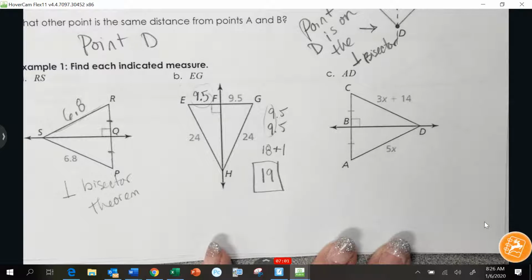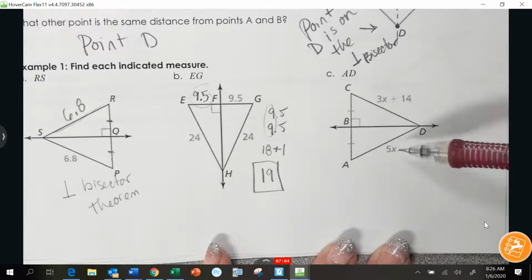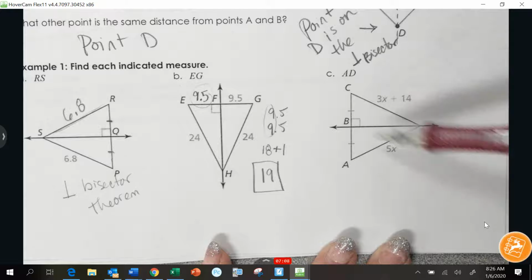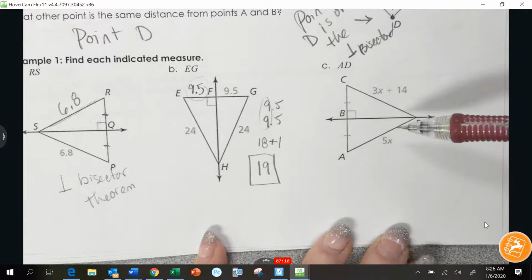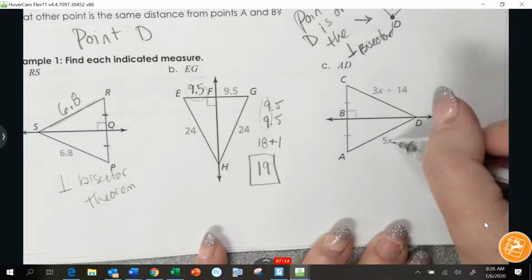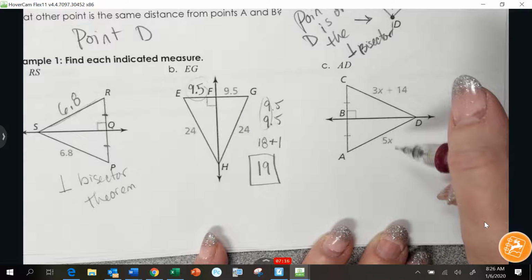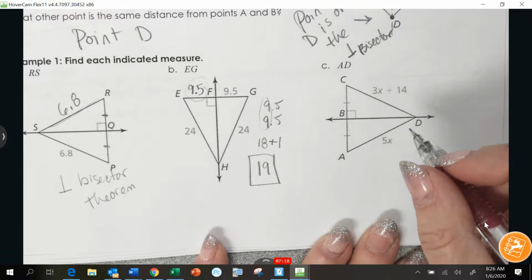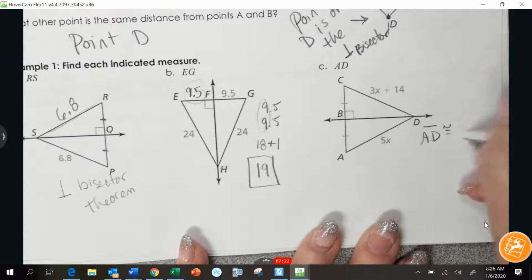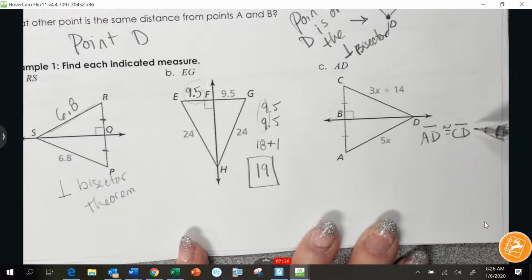We need to find AD. So what do we know is true in this picture? Well, what do I know about their lengths? Their measurements.